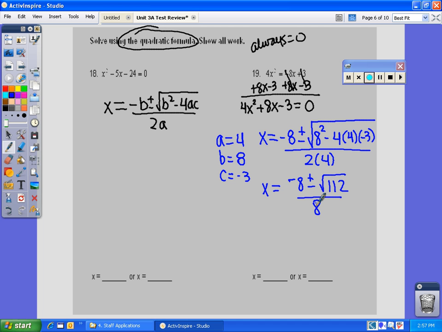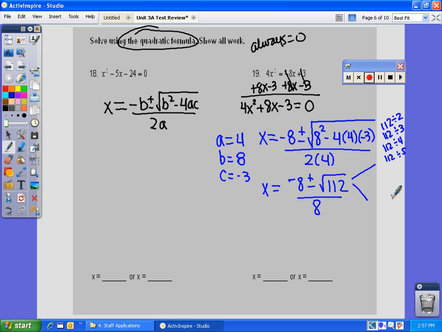112 is not a perfect square, and it's not a negative, but it still needs to be broken down. So if I break it down, I'm going to wind up having two factors because there's no negative on the inside. So when you find your factors, you should just do 112 divided by 2, 112 divided by 3, 112 divided by 4, 112 divided by 5, etc. until you get a perfect square and a non-perfect square that cannot be broken down.